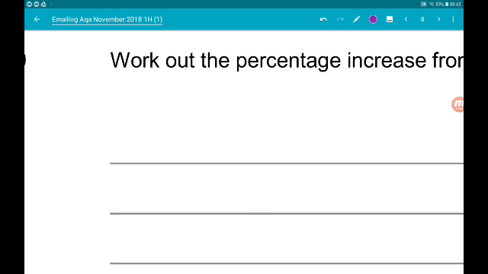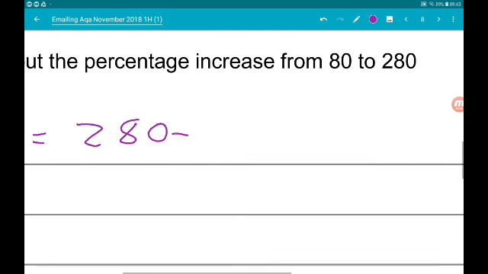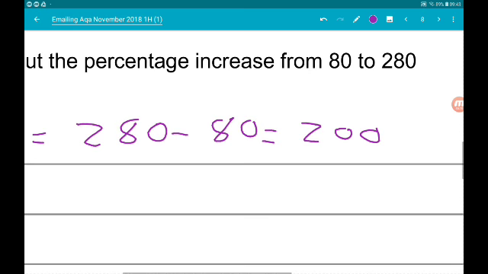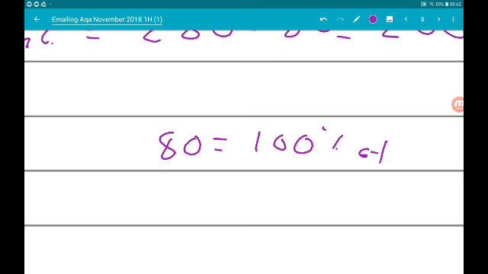So the increase is 280 minus 80, which is 200. So we need to work out 200 as a percentage of 80. Now 80 is 100% of 80.